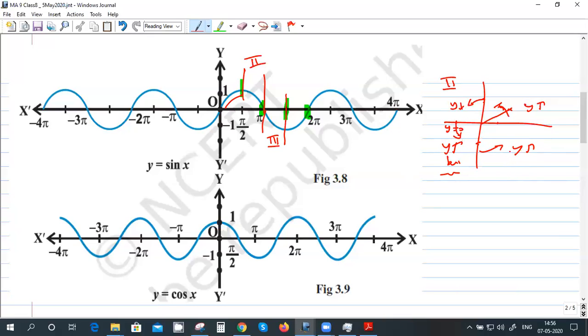You just forget the sign. If you forget the sign, y is increasing, right? Sorry, y is decreasing. And that's what is happening there. Y is decreasing, but it's negative. This is the fourth quadrant.